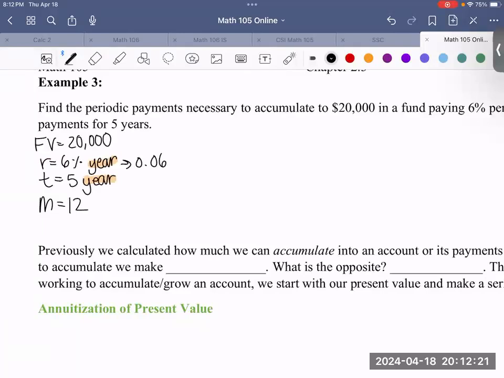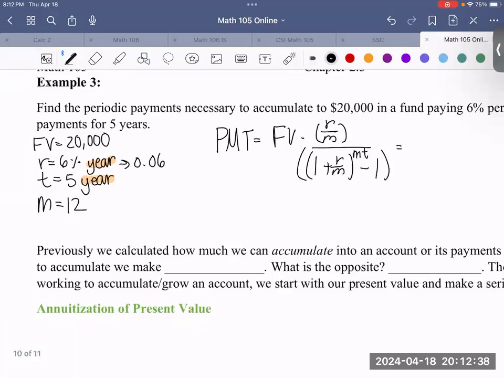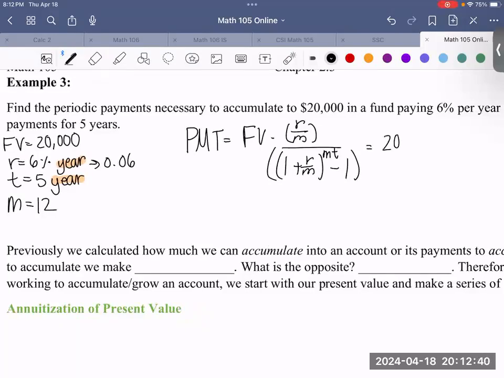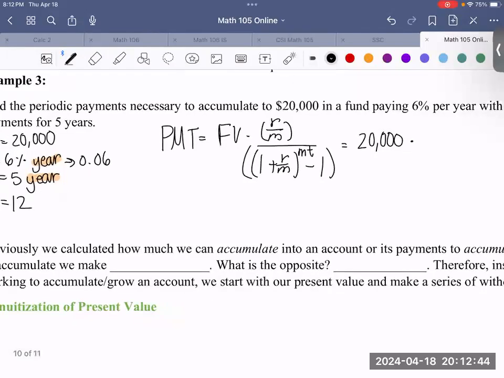So I'm going to write our formula one more time. Future value times R over M over 1 plus R over M to the MT minus 1. So what this is going to look like, we have $20,000 times your rate, 0.06, over your compounding monthly.